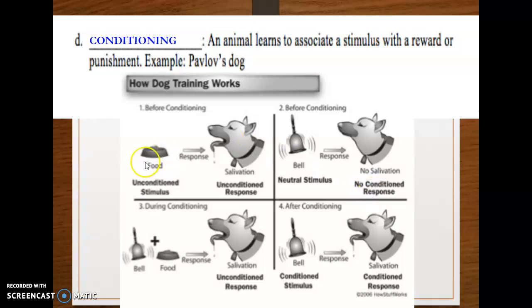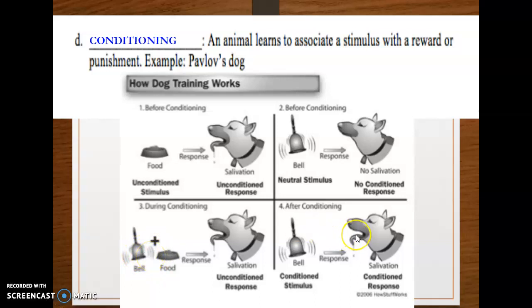First, dogs normally salivate when they see food. But when they hear a bell, dogs are like, that's not food, so it doesn't mean anything. They have no response. But when you condition a dog, in this case we gave it food and it also heard the ringing of the bell.